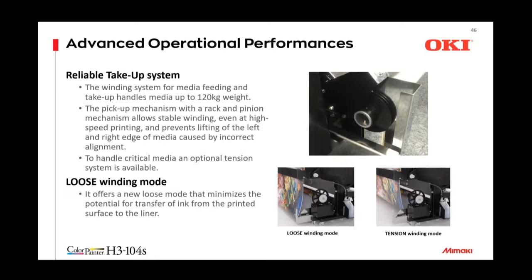We do have the option of tensioned winding or what we call loose winding. Loose winding minimises the potential for transfer of ink from the printed surface to the liner. So depending on your production speed, if you do need some extra time, then loose winding may be an option.